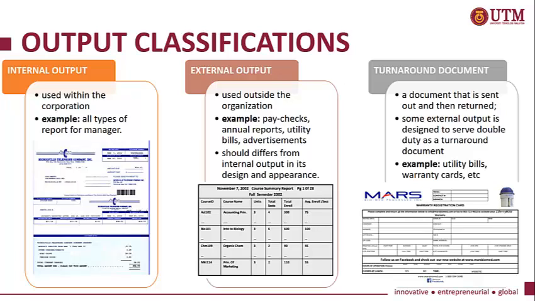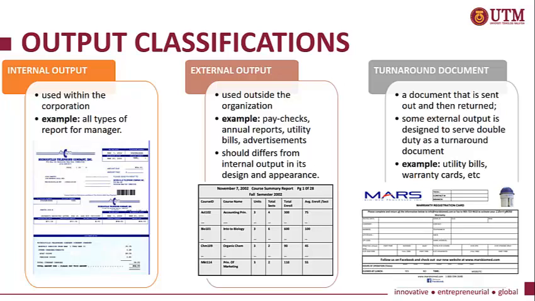Output can be classified into three types: internal output, external output, and turnaround document. Internal output is used within the corporation or business, and it includes various reports to decision makers.